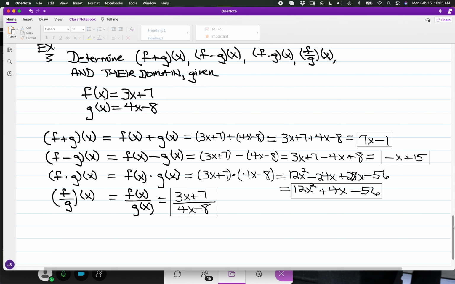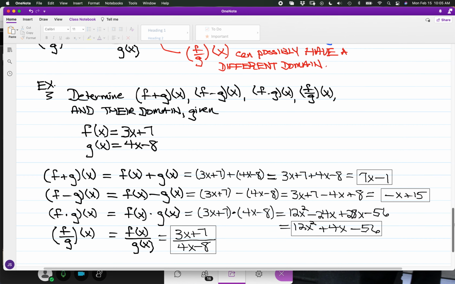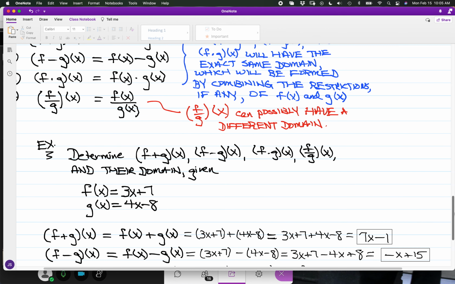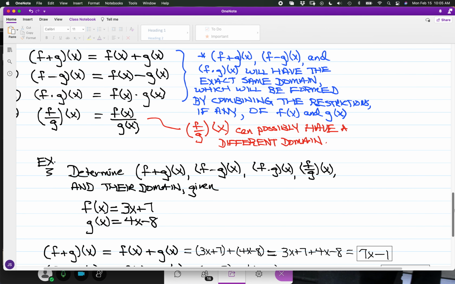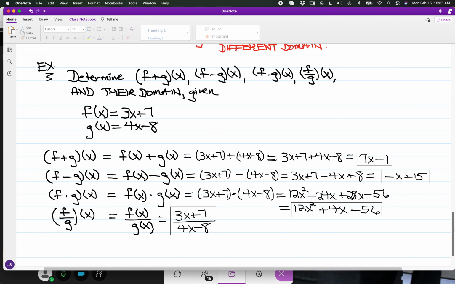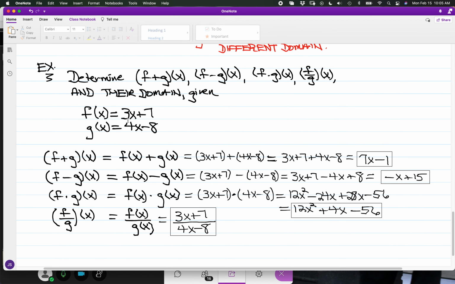Now, for the domain, let me mention that for the sum, difference, and product functions, their domains will be formed by combining the restrictions, if any, from the individual functions involved. So with f of x, we have 3x plus 7.